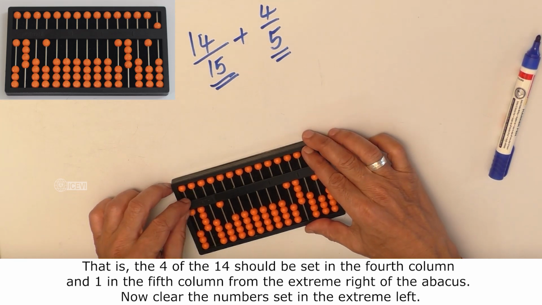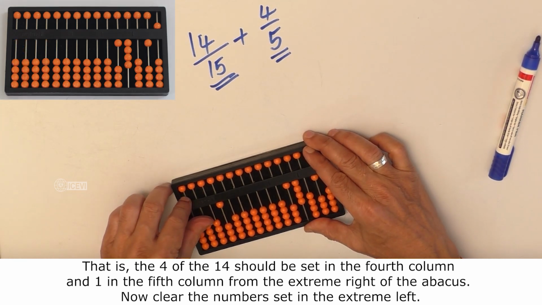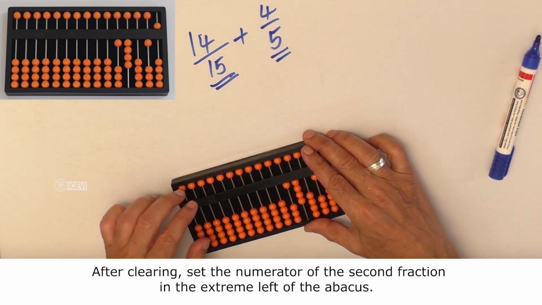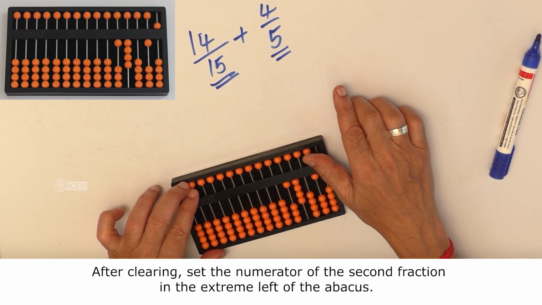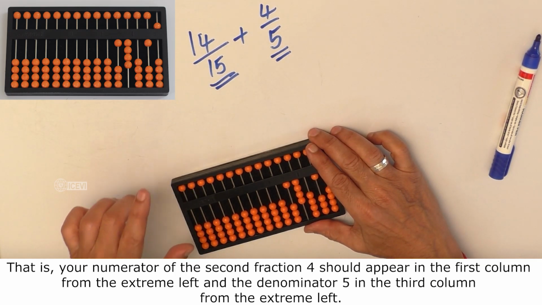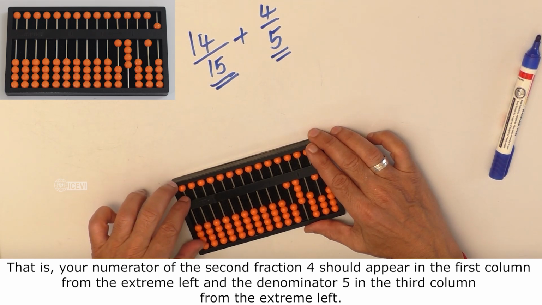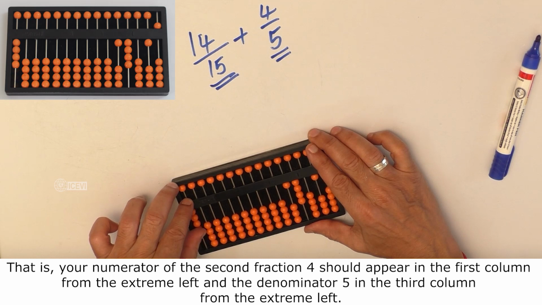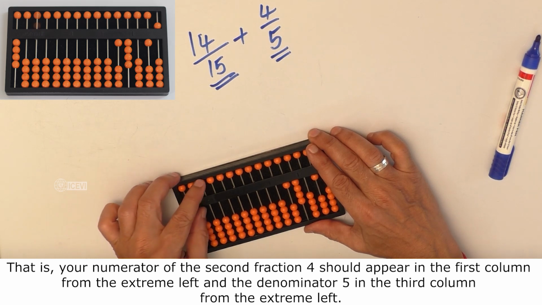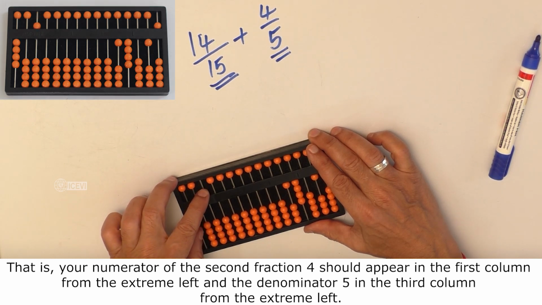Now clear the numbers set in the extreme left. After clearing, set the numerator of the second fraction in the extreme left of the abacus. That is, your numerator of the second fraction 4 should appear in the first column from the extreme left and the denominator 5 in the third column from the extreme left.